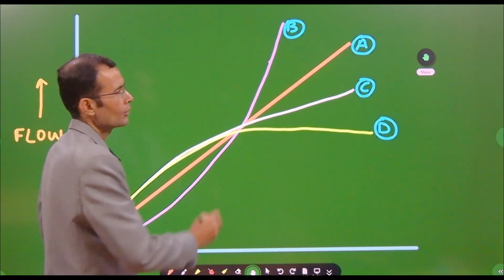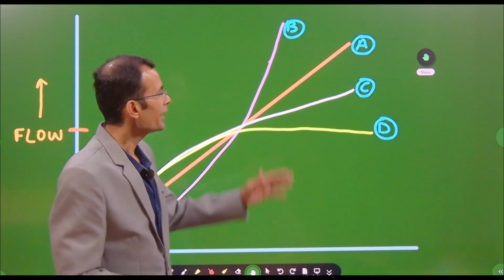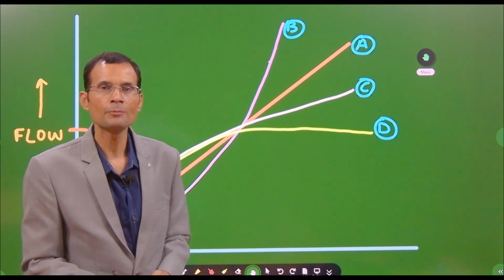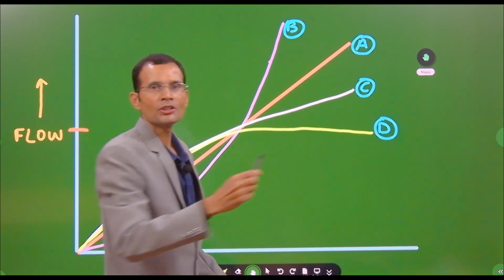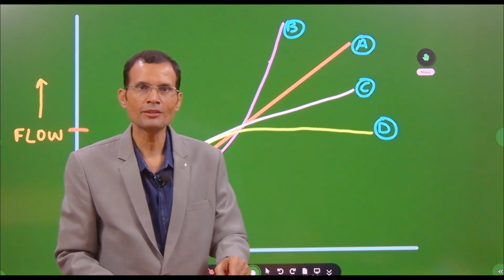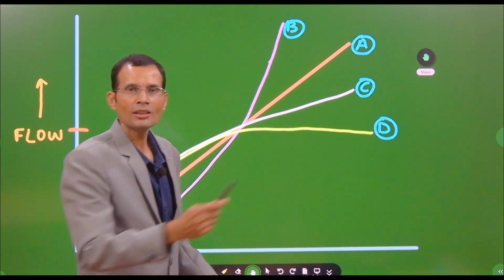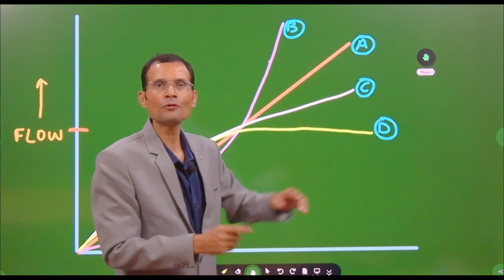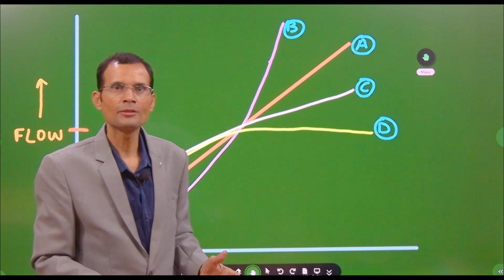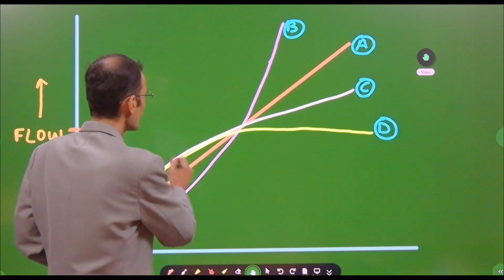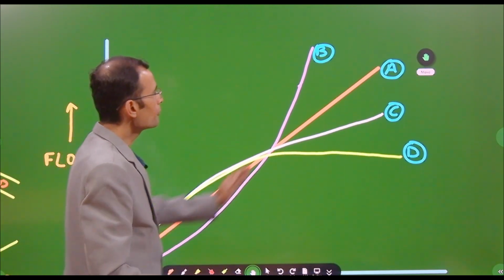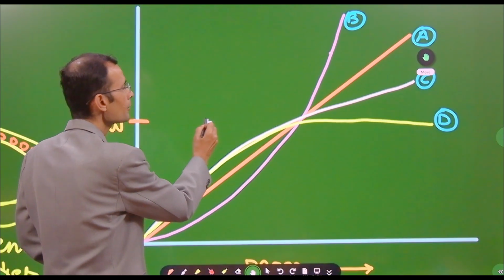Compare this with B. Oh, by the way, a hint is given in these graphs. A is mentioned, so always we will look at A first and then compare the others in the context of A. So this is a hint. Let's compare. Look at the curve B. What is happening with B?